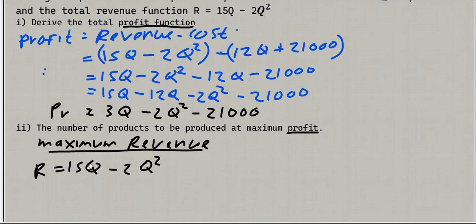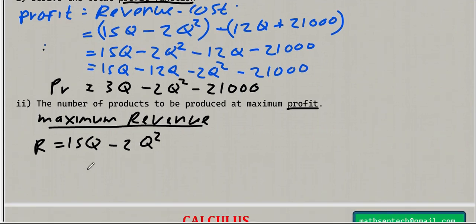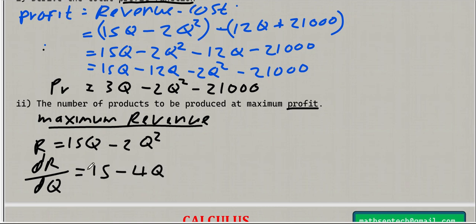So remember you're differentiating, so dR by dq will be 15 minus 4q. The next thing you do is equate that to 0, so that you have 15 minus 4q is equal to 0.